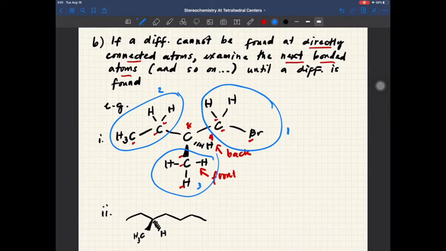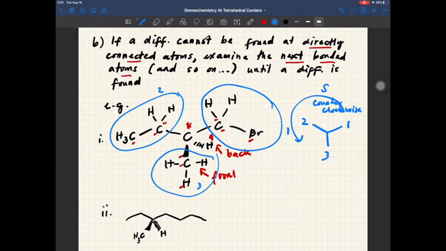In this example, hydrogen is already at the back, so you could assign the relative configuration right away. You have 1, 2, and 3, so it is S because it follows a counterclockwise manner.